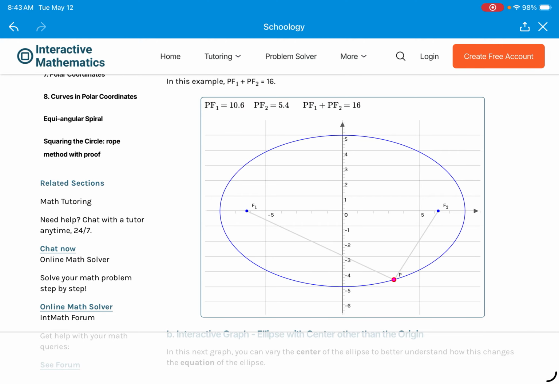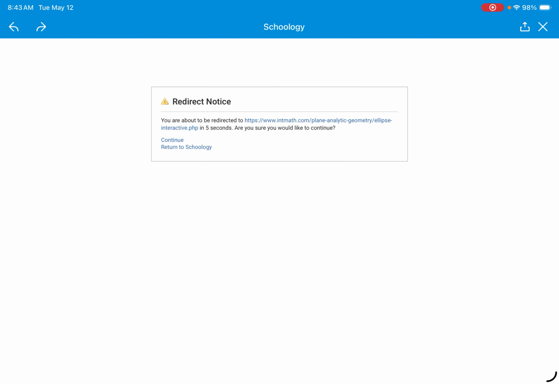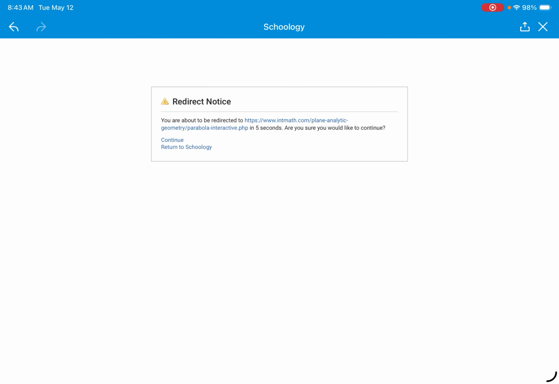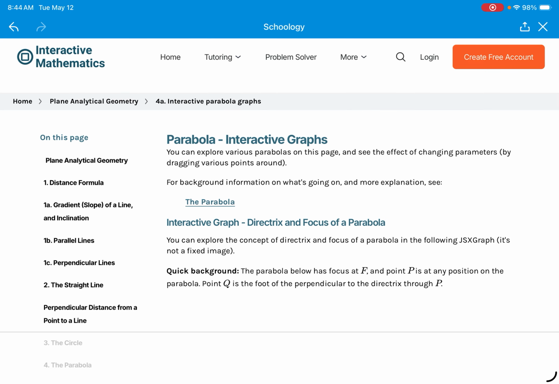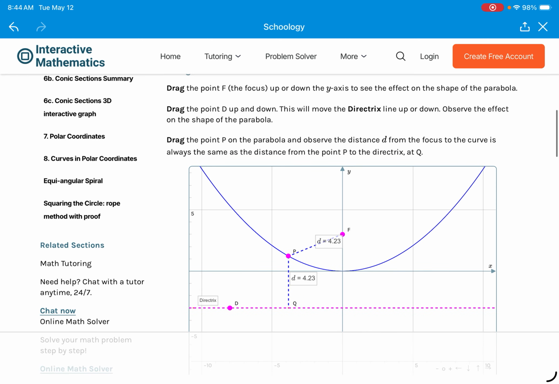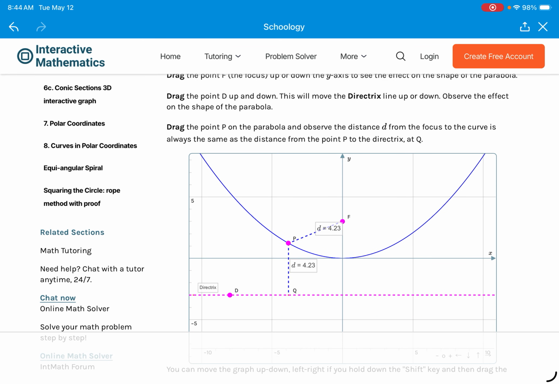I'm going to go over the other definitions, but just so I can show you now, I also have these for a parabola. In a parabola, the distance from the parabola to the focus and from the parabola to the directrix is always the same.